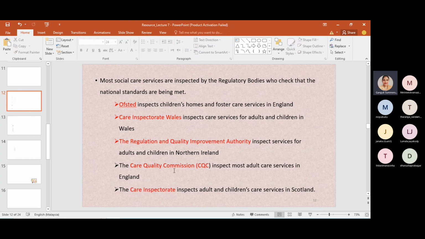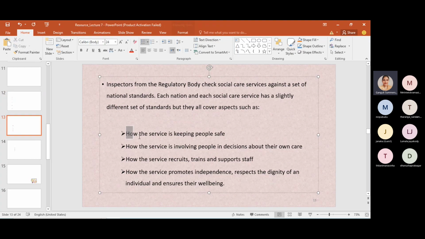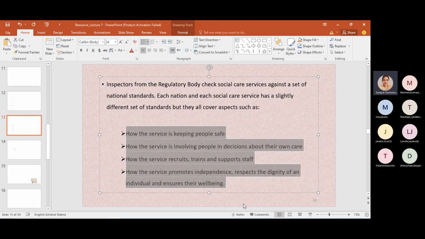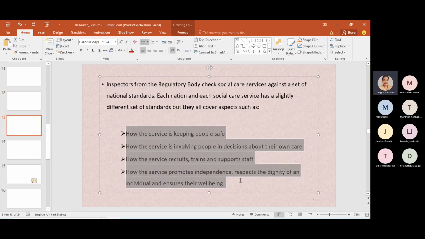In the process of regulation, these regulators, which I highlighted in red over here, pay attention to these points.